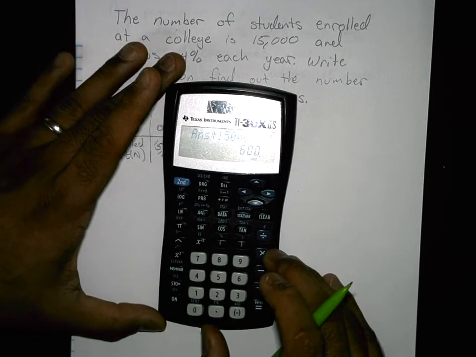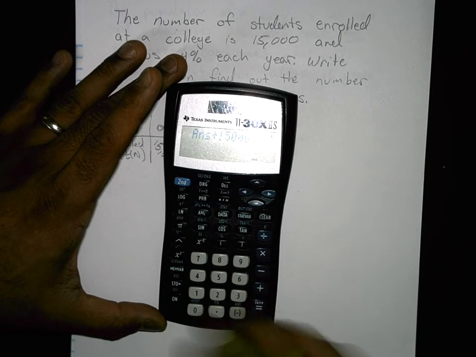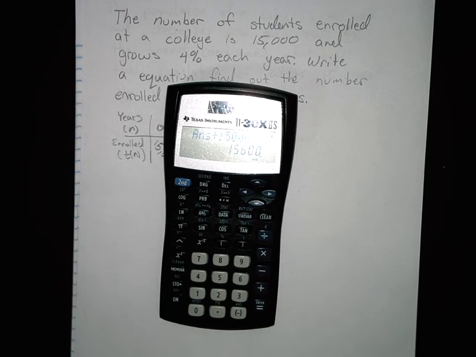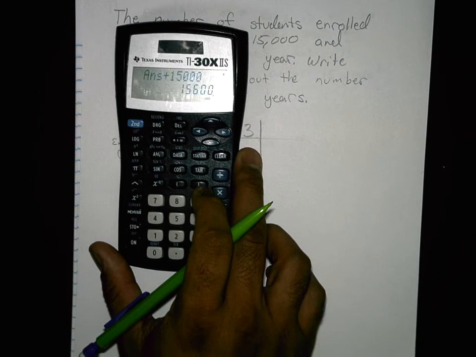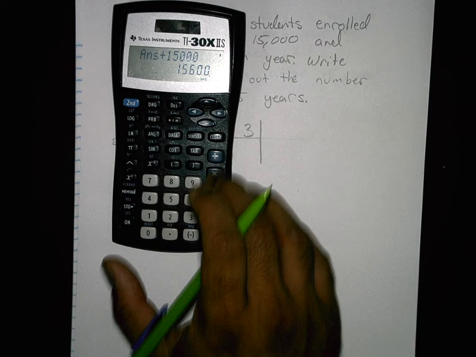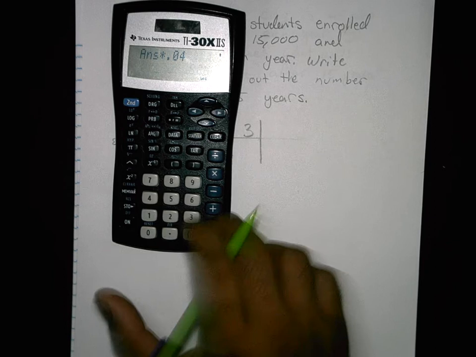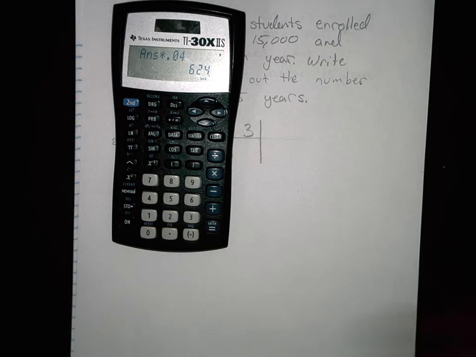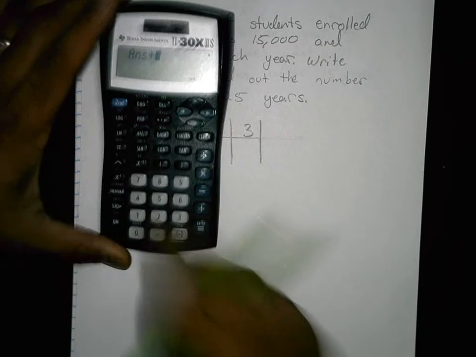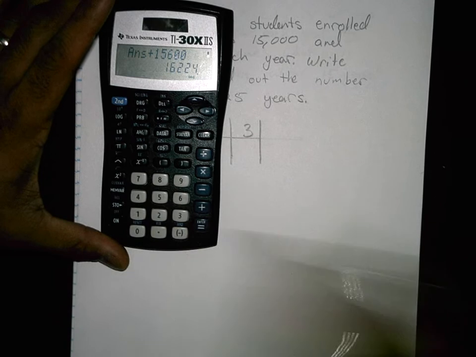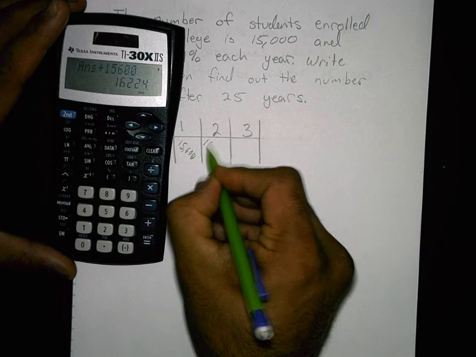I add that to my 15,000. Then if I want to figure out the next year, I'll multiply that by 0.04 again, and then increase by 624, plus that previous year, which is 15,600, and that's what we have after 2 years.